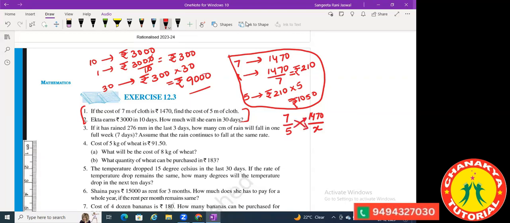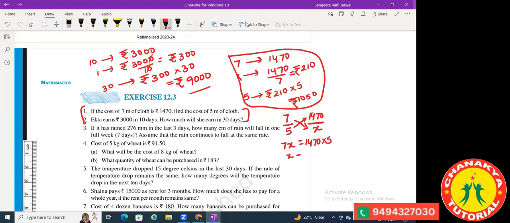Now the ratios have to be equal. Then only I can say that they are in proportion. So I will cross multiply. I get 7x on this side and on this side I get 1470 multiplied by 5.